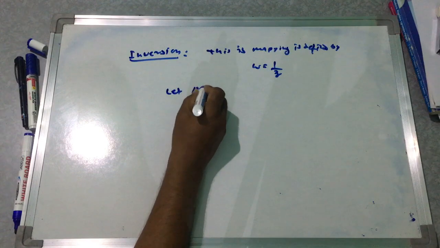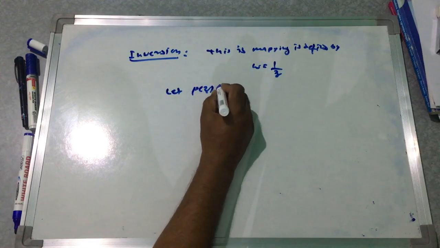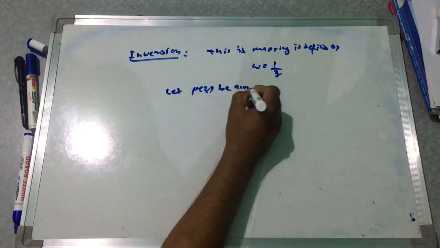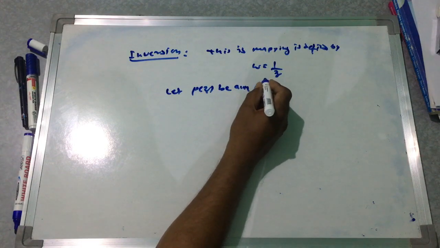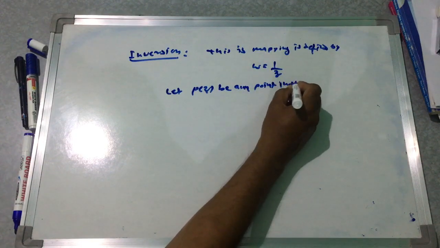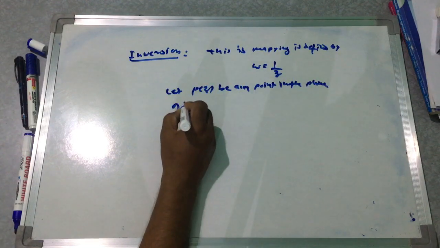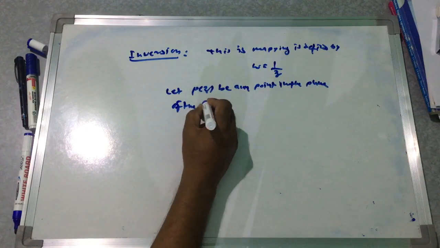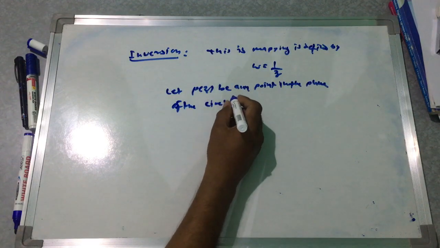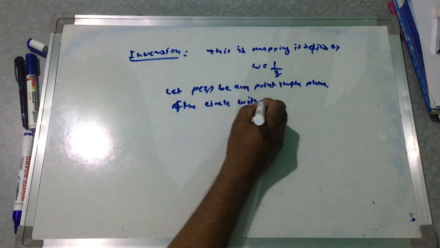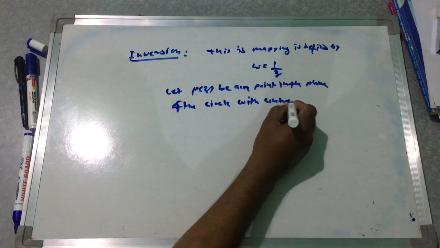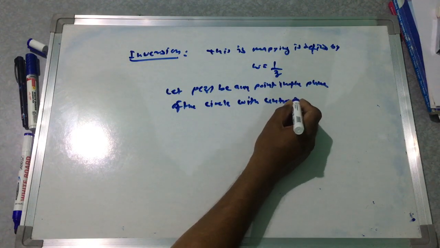Let P of Z be any point in the plane of the circle with center O and radius A.